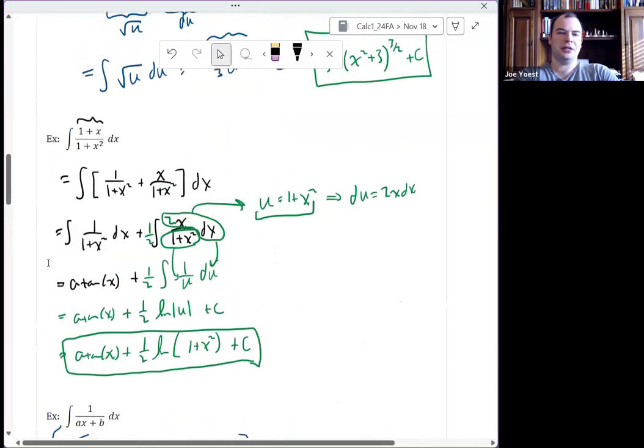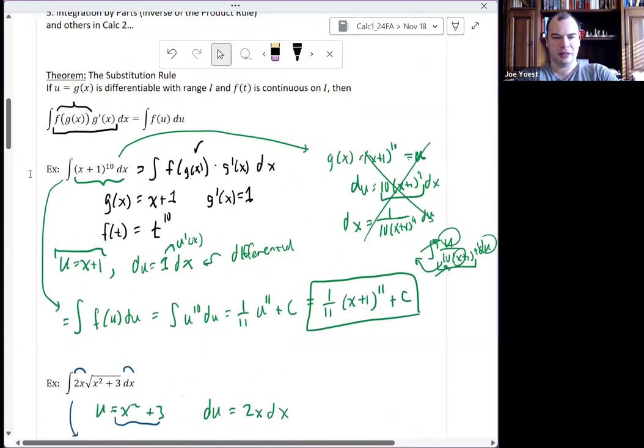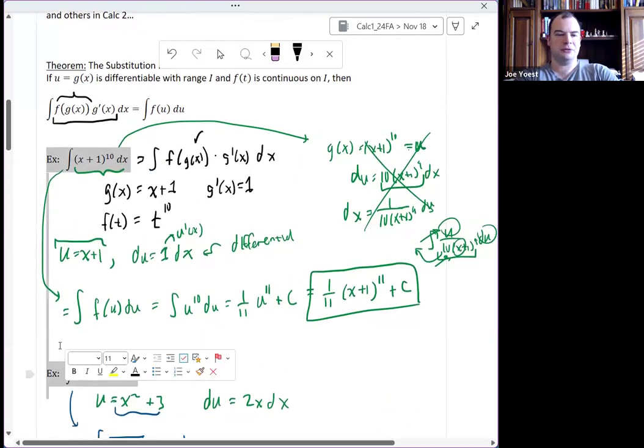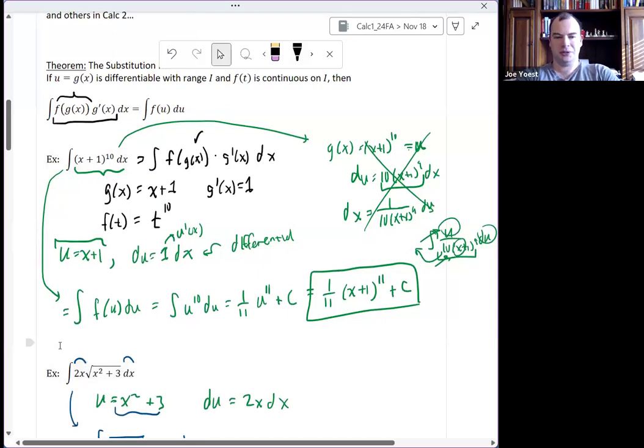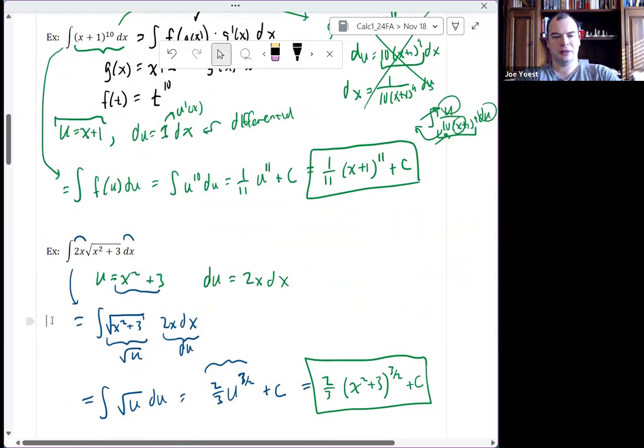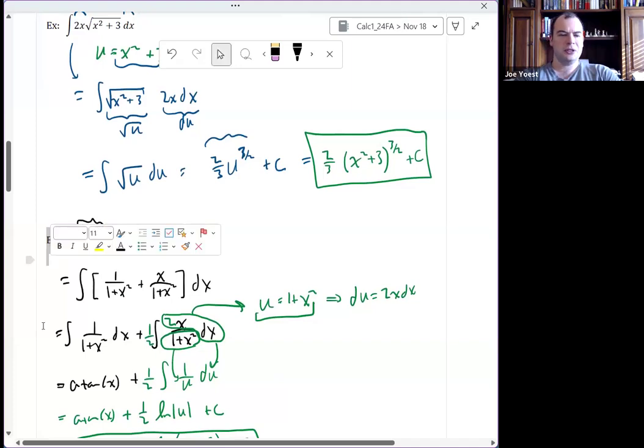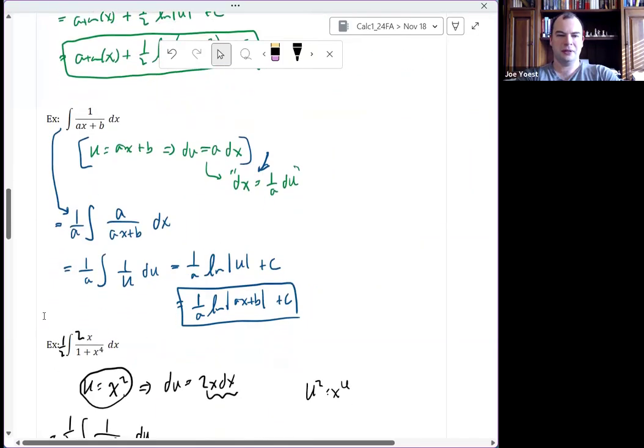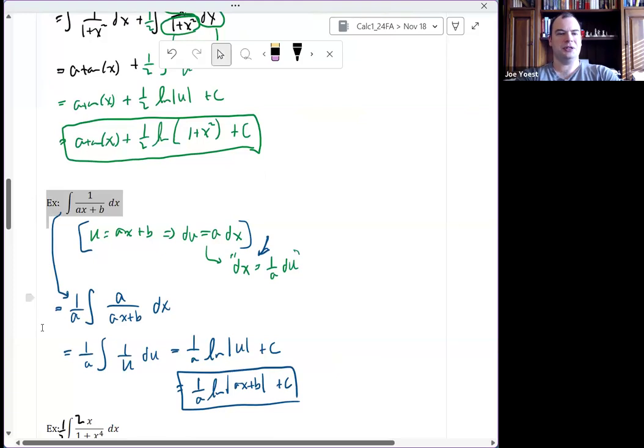So these first couple we did, these couple here, are maybe more straightforward. These would be like easier substitution rule problems. This one, because we had to do a little work on the front end, would be like an easy to moderate difficulty substitution rule problem. This is probably an easier one.